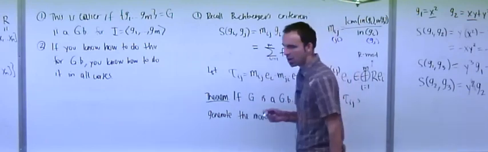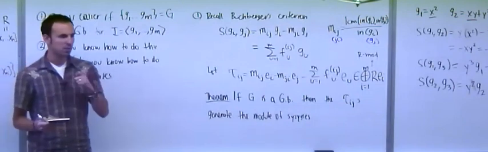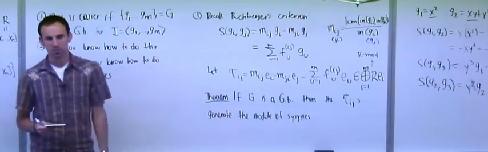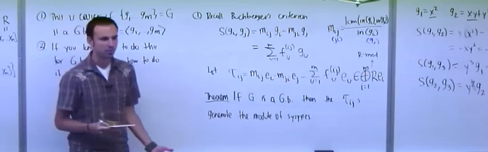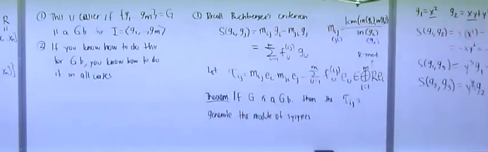Okay? And what I mean by this is that no matter what relation you find between G1, G2, and G3 in this case, that relation is going to be a consequence of these three. Right? Because if these three relations are true, then you can multiply this by any polynomial, this by any polynomial, this by any polynomial, add those, and you're going to get a new relation, but that's not really new. It's not giving you anything new.